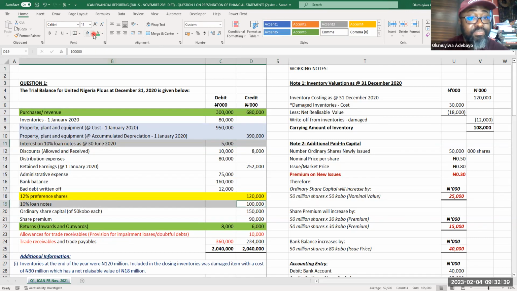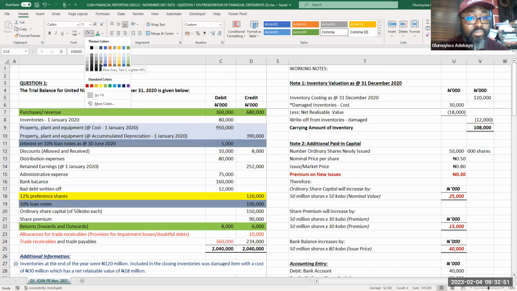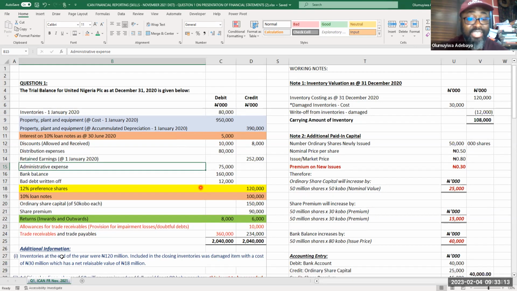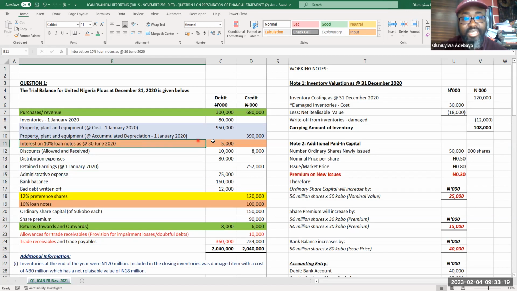I was told here that interest for 6 months, as at 30th June, from beginning of the year to 30th June is 6 months, has already been accrued for and even paid because it was paid. Therefore, in this case, I've already taken care of 6 months, which means it's only 6 months that is outstanding, not 10 months, and not 12 months, because I can trace the first 6 months here.